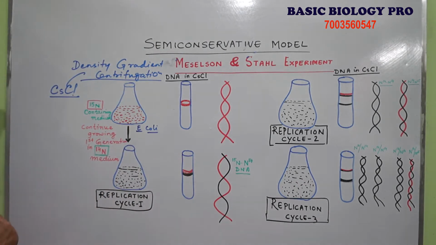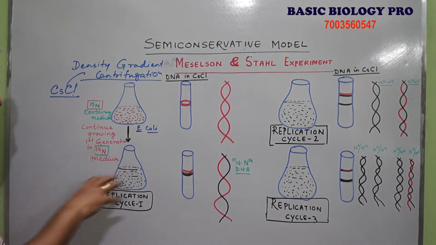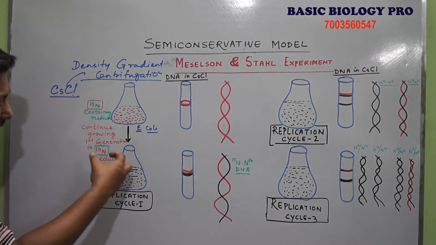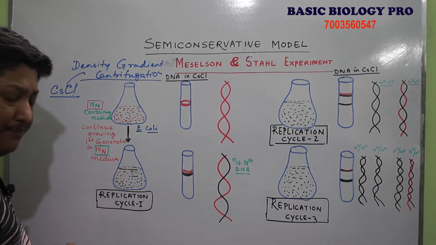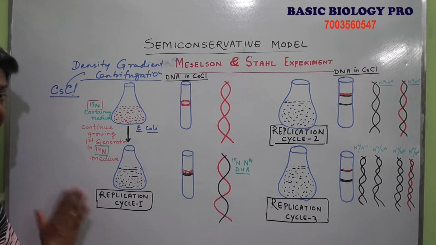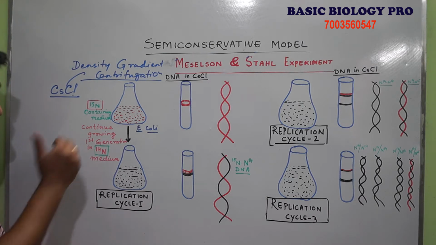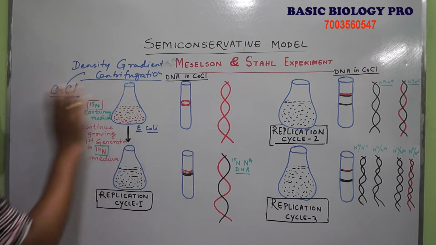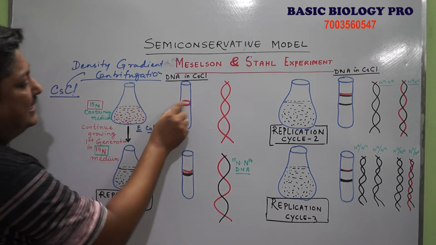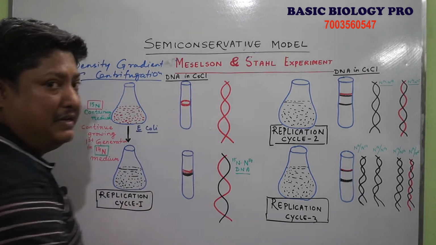So let us see. After successfully growing, the DNA was extracted from the E. coli. Previously, when the bacteria are present in the 15N media, the only band is the N15 band.